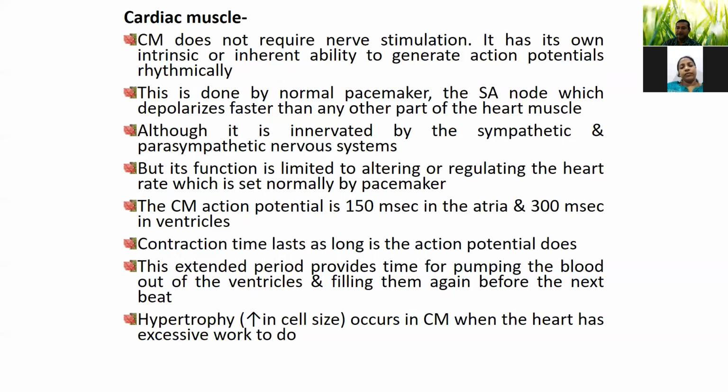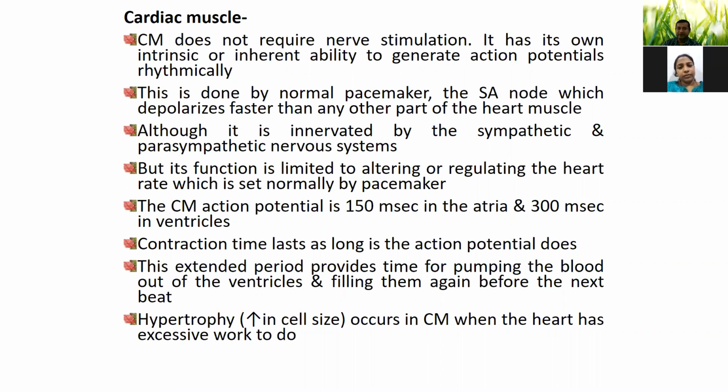But cardiac muscle doesn't require any nerve stimulation because they have their SA node, also known as the pacemaker cells. And the cardiac muscle has an intrinsic or inherent ability to generate its action potential rhythmically. Rhythmically means in a continuous nature. And basically this is done by the SA node.